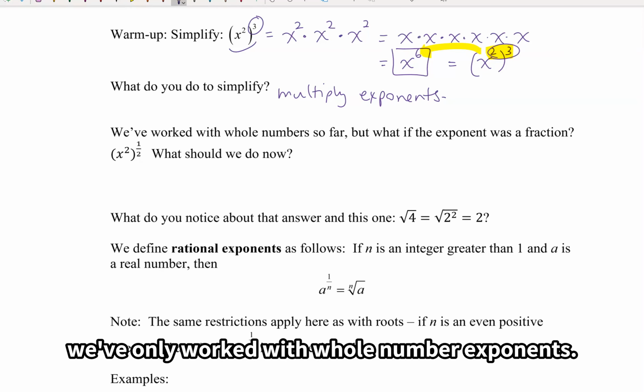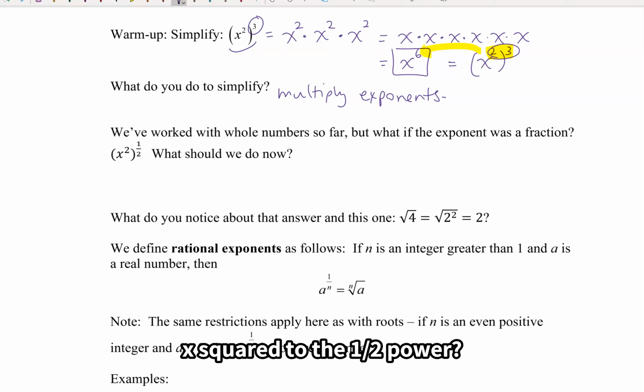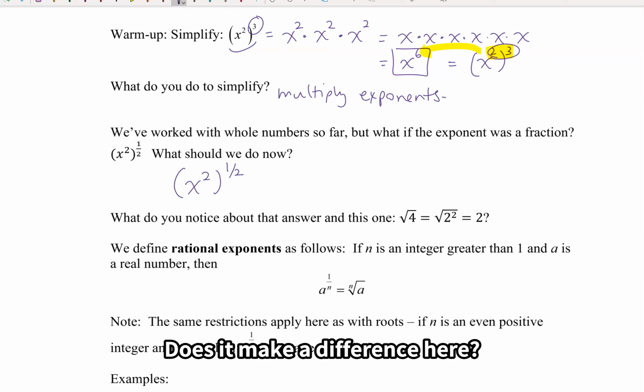And so far we've only worked with whole number exponents. What if the exponent's a fraction? x squared to the 1/2 power. What should we do? Does it make a difference here compared to the first one? Should I try multiplying again? Let's try multiplying.